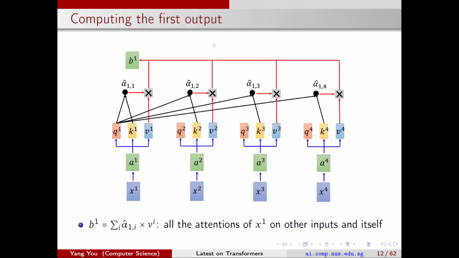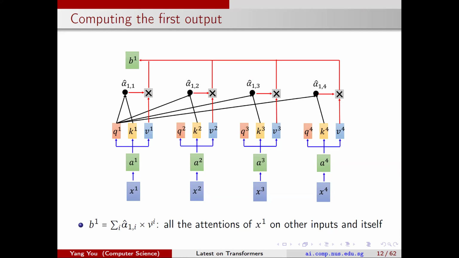So now let's compute attention. What's my attention here? How can I do that? Firstly, how about we compute the attention from 1 to 3? So here it should be alpha hat 1,3 multiplied by V3.